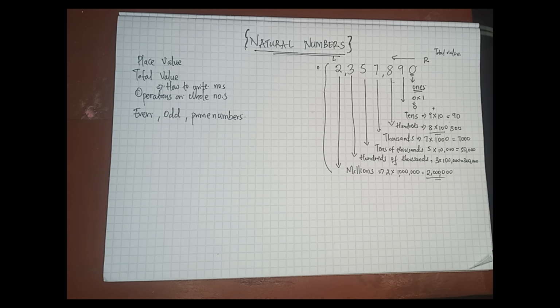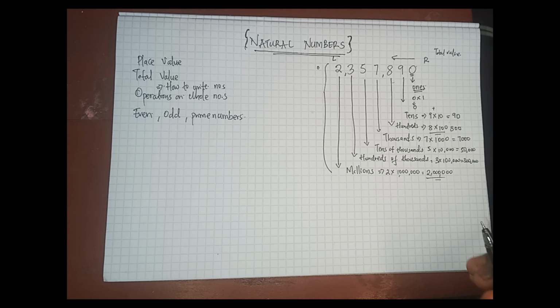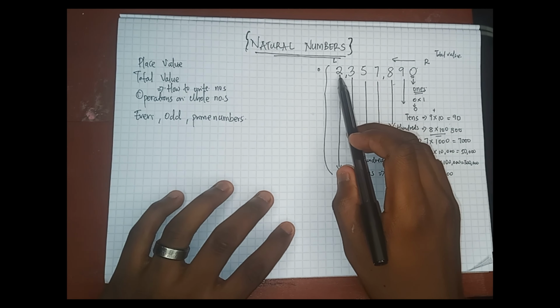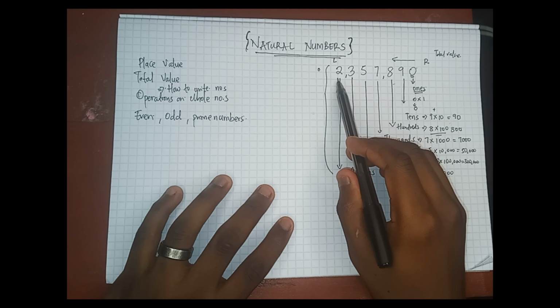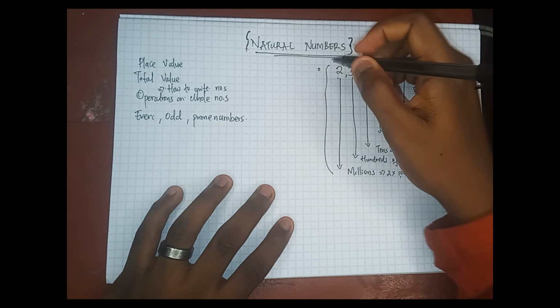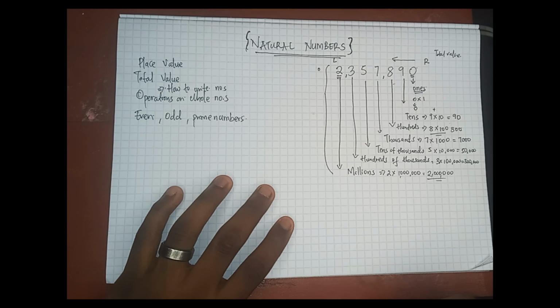So let's move on to the next section about how to write numbers, that is in words and also in digits. So you'll read from left to right sasa. Once you have determined the place value of the last digit to the left, that will assist you in writing the number in words.